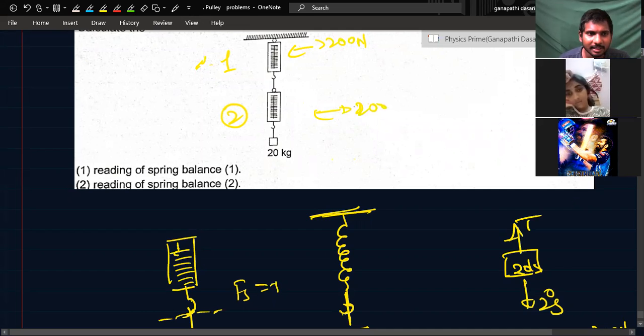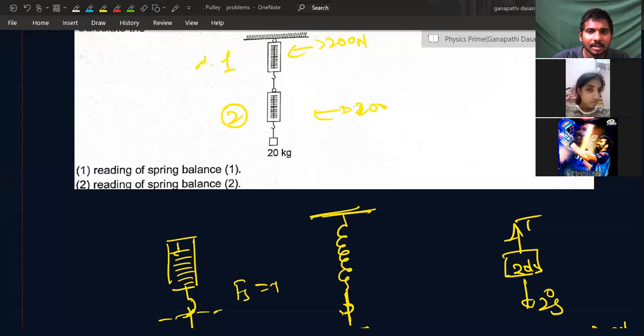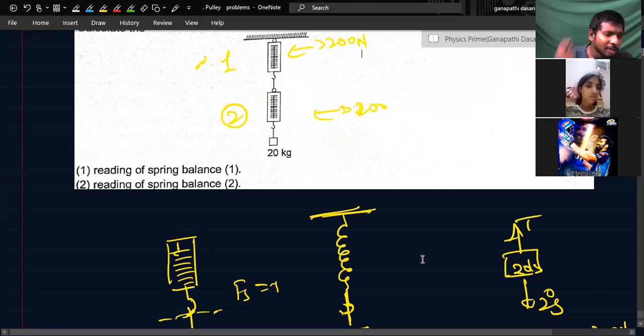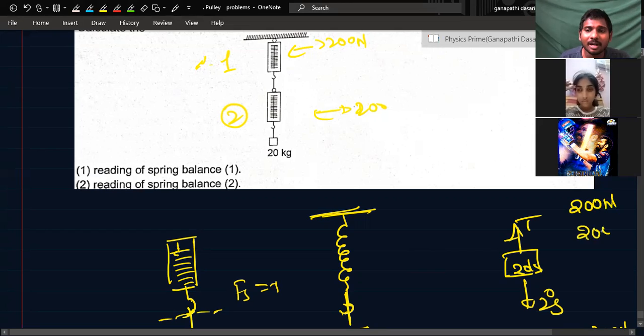So sometimes the reading will be like this. In your book you can see, did I teach you in normal reaction? If the reading is apparent weight, and the reading is 200 newtons, the answer will be 200 by g. Did you remember this? Yes, sir.